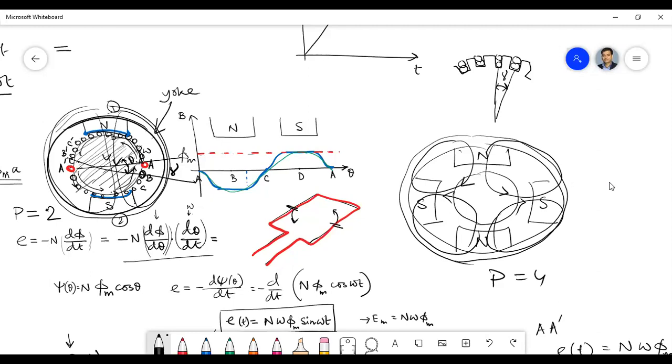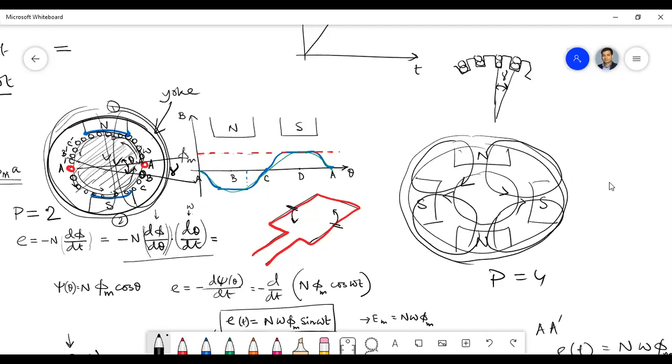Now, generally the two coils are not placed in the same slot. They are placed in two different slots. If I assume two coils are placed in two consecutive slots, that means the space angle between these two coils is gamma.